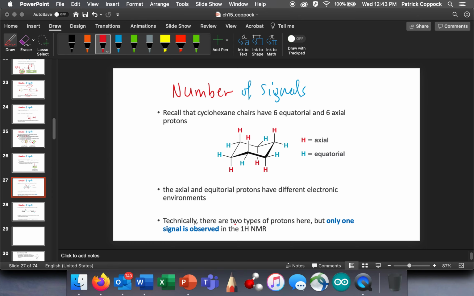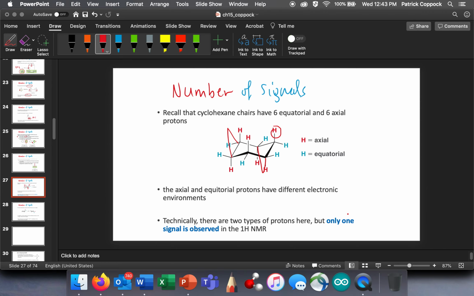Okay? Recall that cyclohexane, oh, this is interesting. Recall that cyclohexane has got two different positions for protons, right? Axial and equatorial. Now, normally at room temperature, this cyclohexane's flipping back and forth, going from there to like that, flipping up, right? So this is going back and forth between an axial and an equatorial very fast at room temperature.